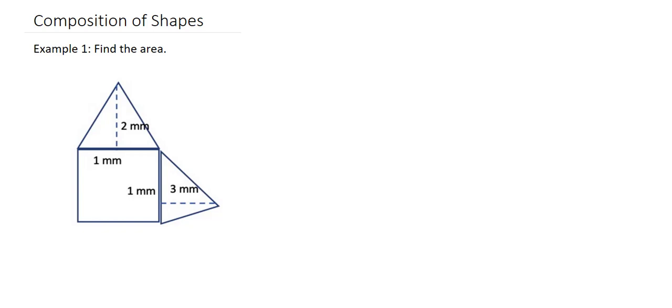So let's go ahead and look at the first triangle up here. If we remember, the area of a triangle is 1/2 times the base times the height. So the area is equal to that.